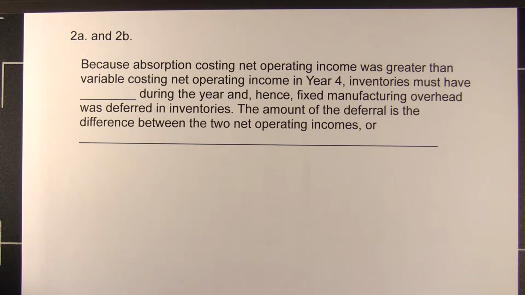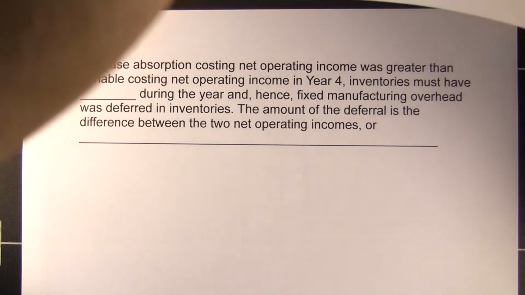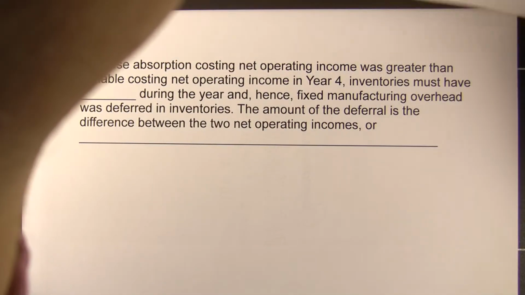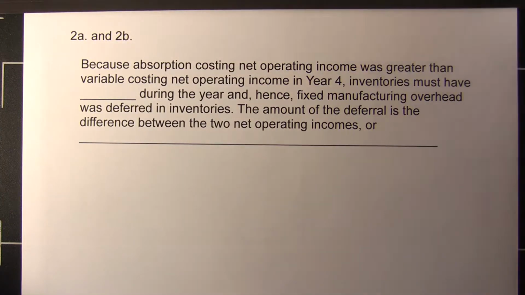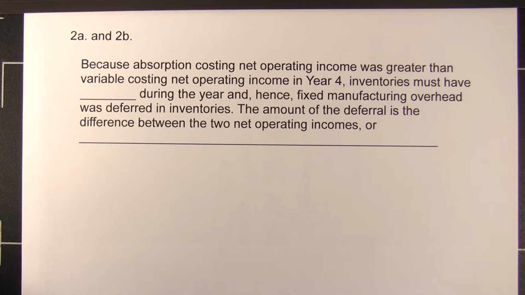Okay, the next part it wants us to figure out, excuse me while I get my notes. What's going on here? Well, the absorption costing, our inventories went up or down. Now it tells us in year 4 that net operating income was greater than variable costing.